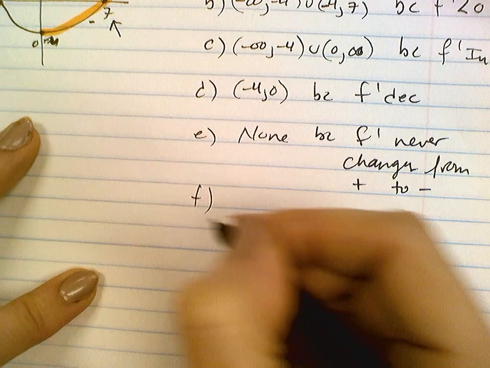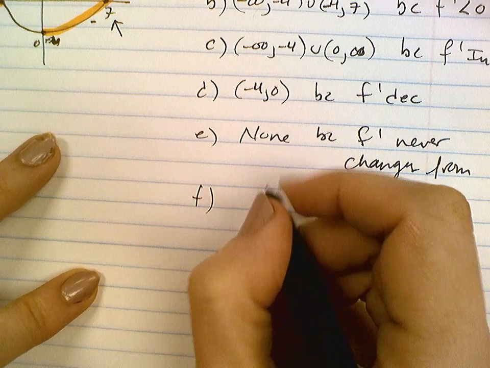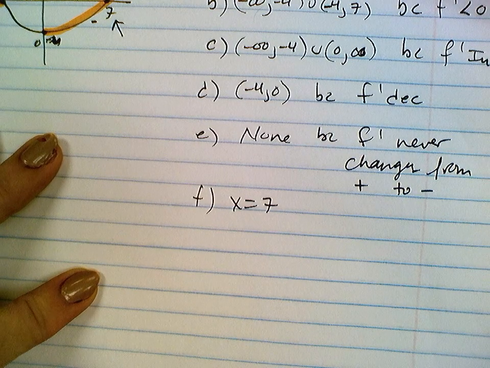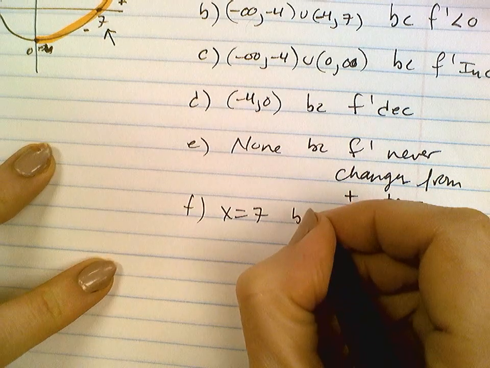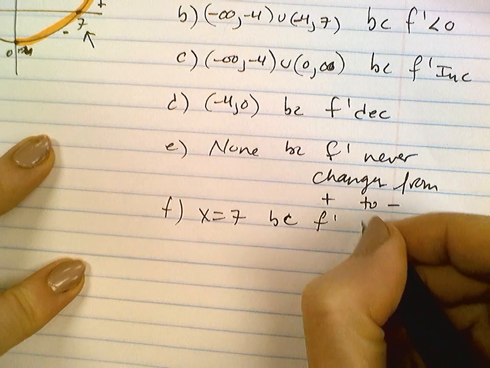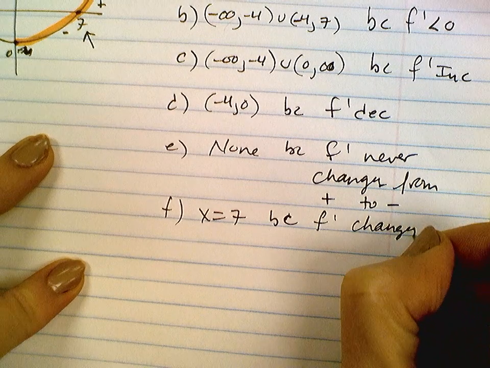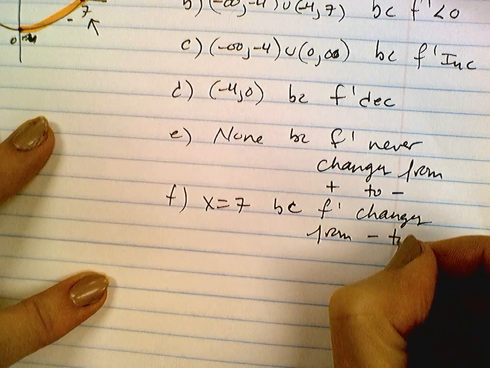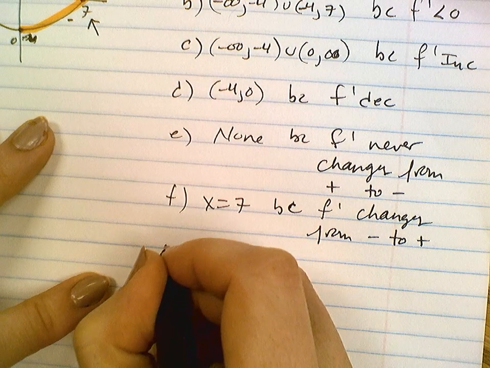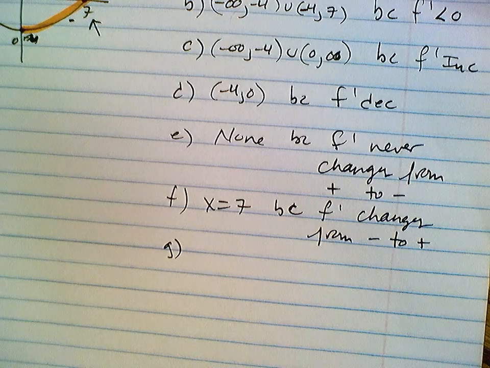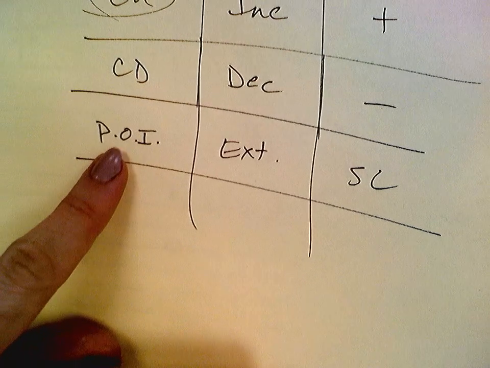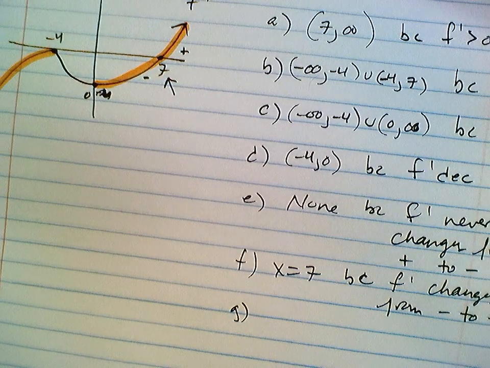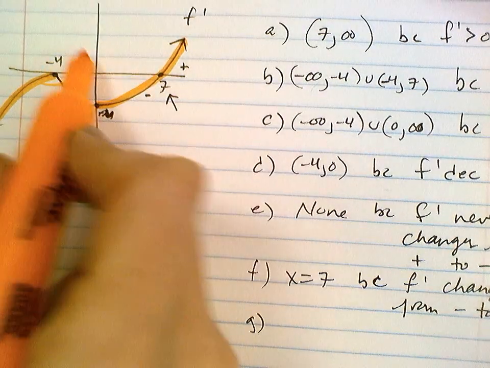So there's no max. F, now they're talking about local mins, so x is 7 because f prime changes from negative to positive. And then points of inflection correspond to extrema on f prime, and we've got 2 of them.